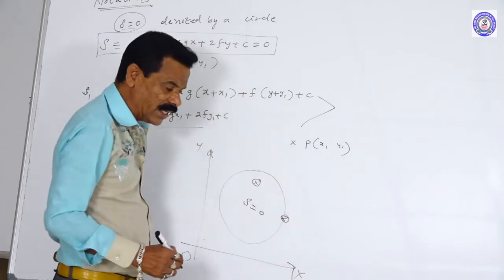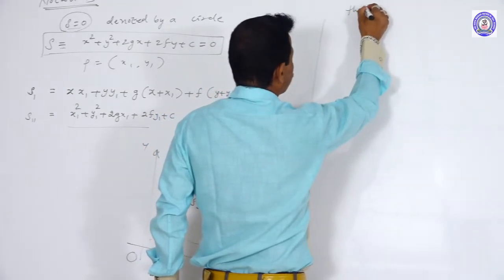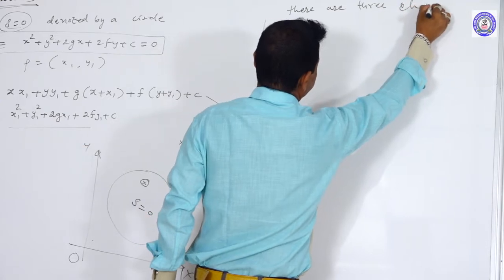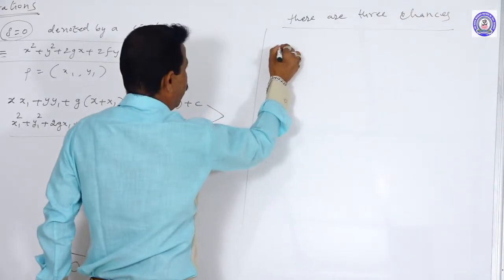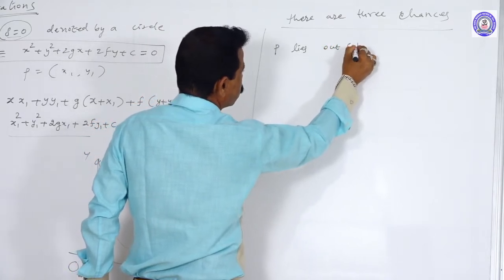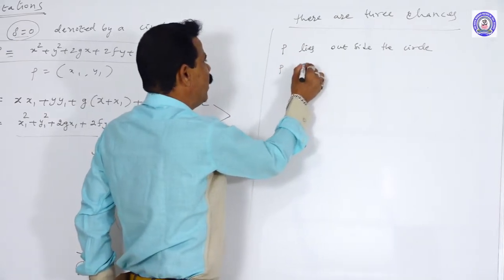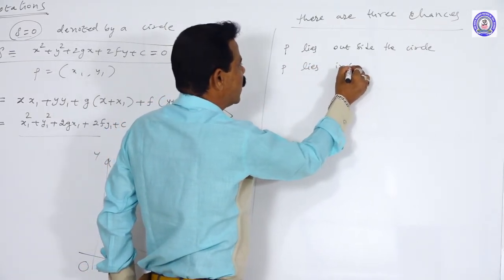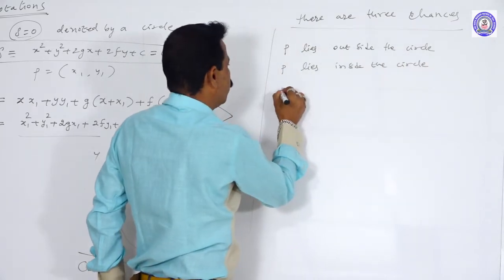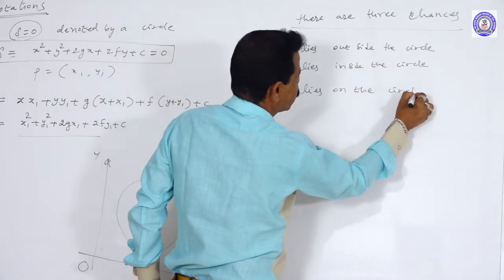So there are three positions, three cases. First, P lies outside the circle. Next, P lies inside the circle. Another, P lies on the circle.